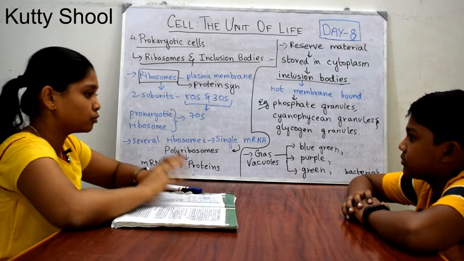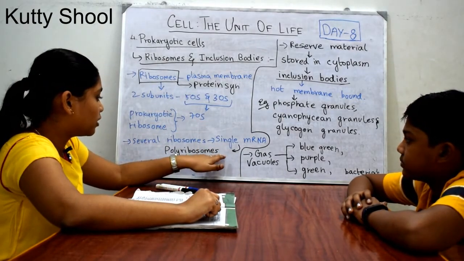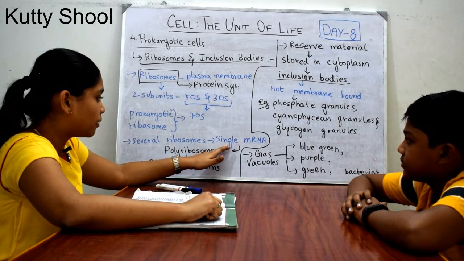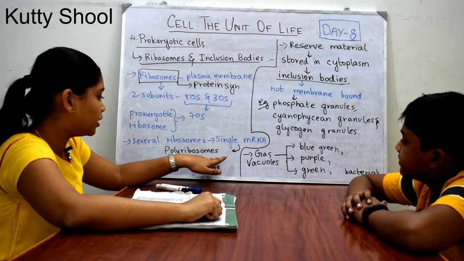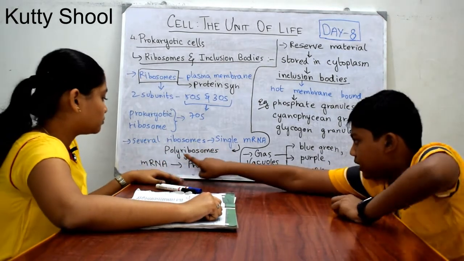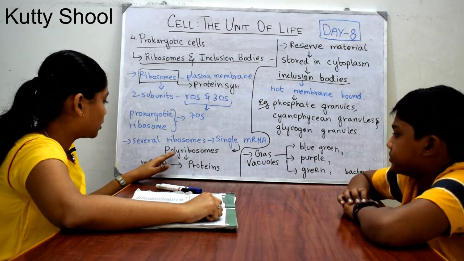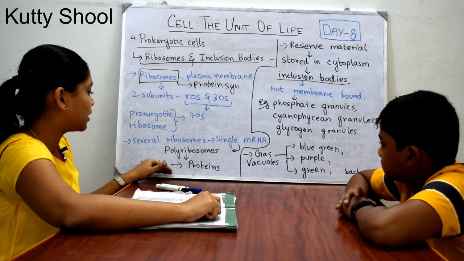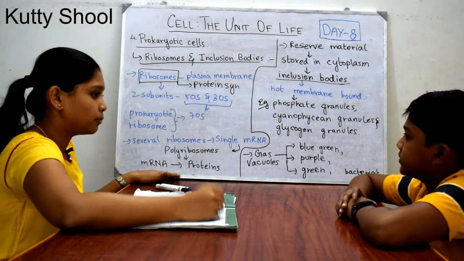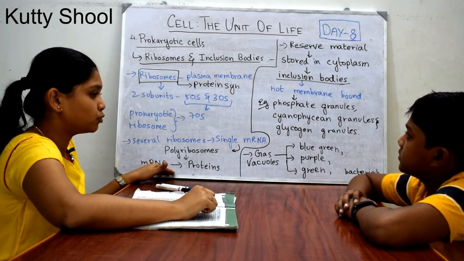Several ribosomes on a single mRNA strand are known as polyribosomes or polysomes. They translate the mRNA into proteins. This is the function of these ribosomes.